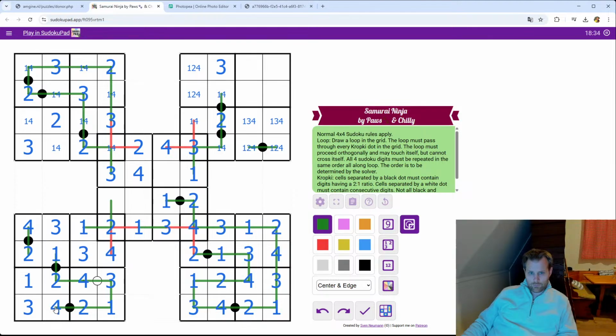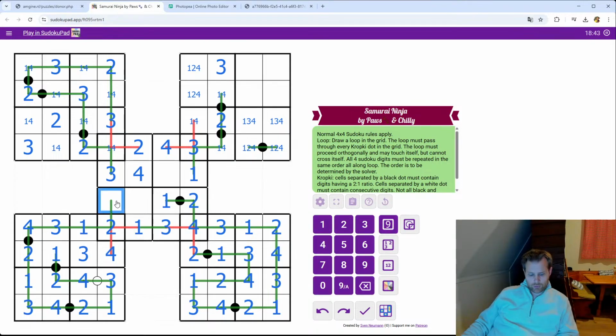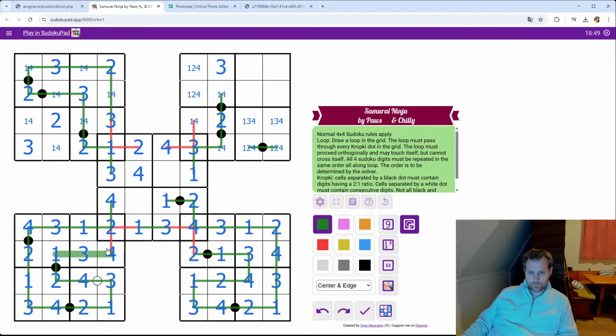And then 3, 1, 2, and then that must be 4. So 3, 1, 2, 4. Let me see. Yeah.